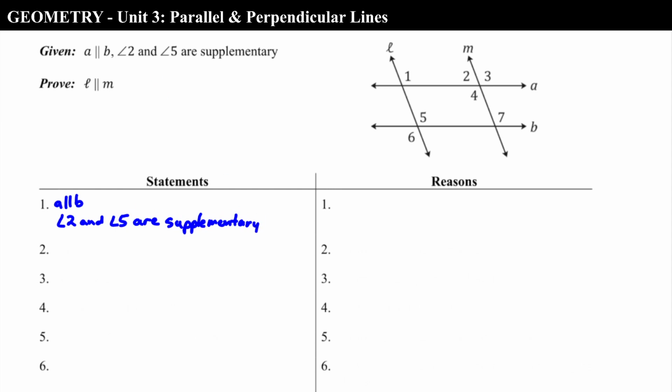And of course, this information is our given. So now, since we know that 2 and 5 are supplementary, we can say that the measure of angle 2 plus the measure of angle 5 equals 180 degrees. That's the definition of supplementary.